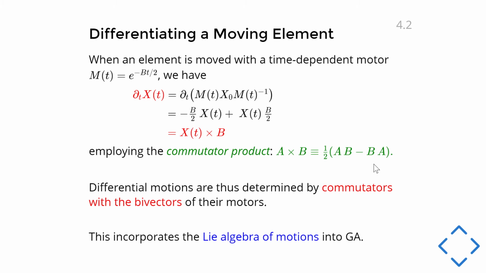So the bivector of the motor completely characterizes at this level what the time derivative is. And so again, like before, we find that this set of bivectors, which actually forms the Lie algebra of the motors, is what is relevant as a tool to describe how things move.